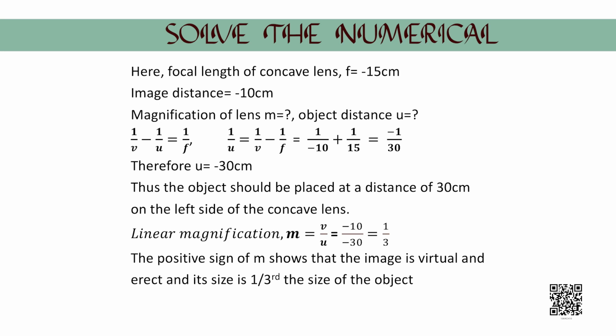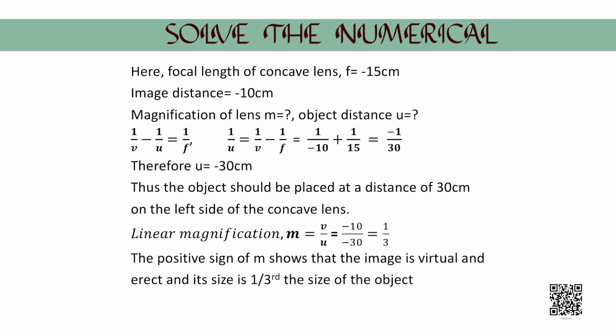Now substituting the values of v and f into the equation, we will have 1 upon minus 10 plus 1 upon 15 is equal to minus 1 upon 30. Therefore, the object distance turns out to be minus 30 centimeters. Thus, the object should be placed at a distance of 30 centimeters on the left side of the concave lens.